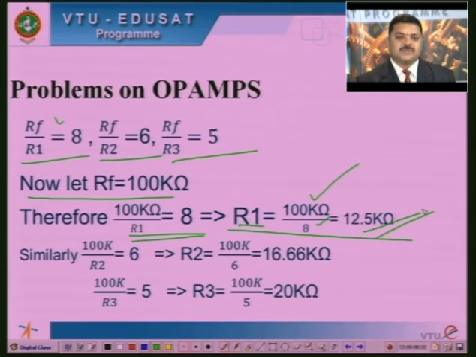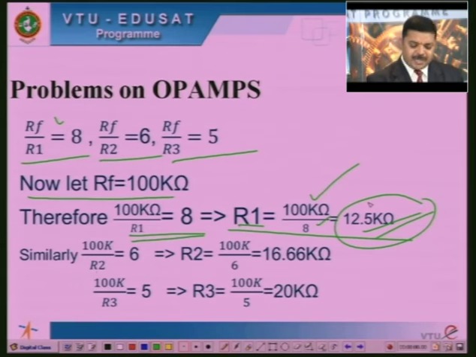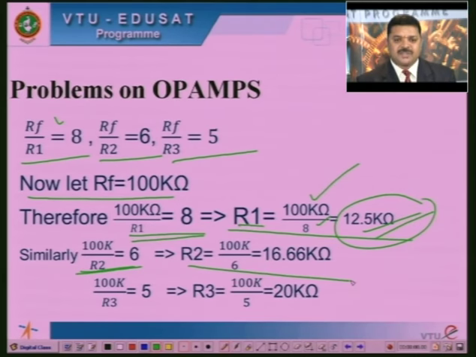So, you have to assume the value of Rf and find out the remaining values of resistors. With Rf equal to 100 kilo ohms, we got R1 as 12.5 kilo ohms. Similarly, 100 kilo ohm by R2 is equal to 6, which implies 100k by 6, which is 16.66 kilo ohms.